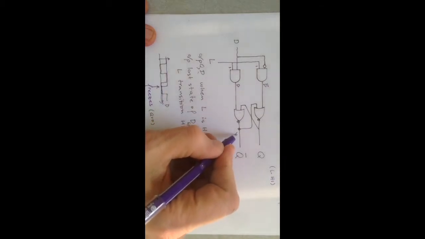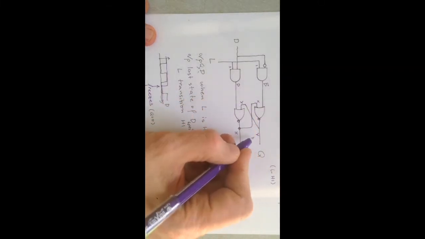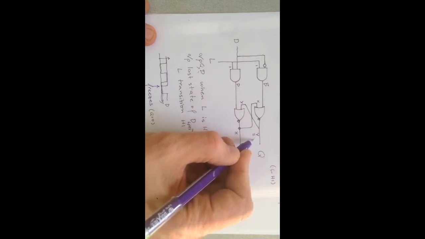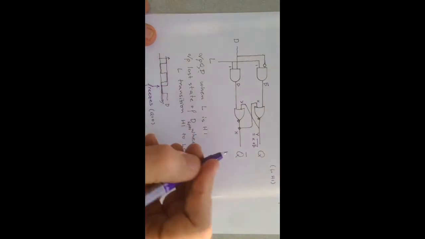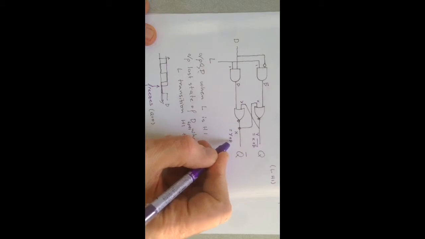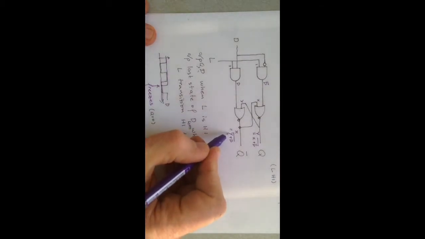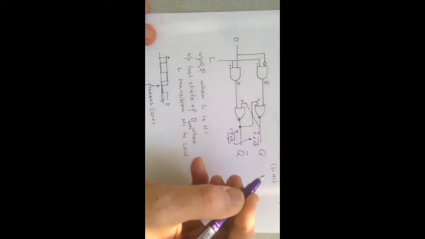If we say that these two lines are X and Y, we don't know yet what they are, that's fine. We can say that Y is going to equal X NOR D bar, and X is going to equal Y NOR D. So we can actually take the expression for X and plug it in there.